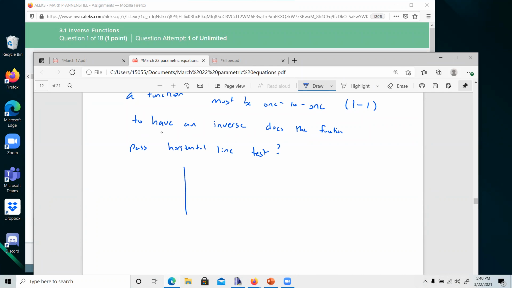So if I've got, say, the square root, that's what the square root function looks like. Can I pass a horizontal line through this function and only hit the function once? Yep, only hit once. Passes the horizontal line test.